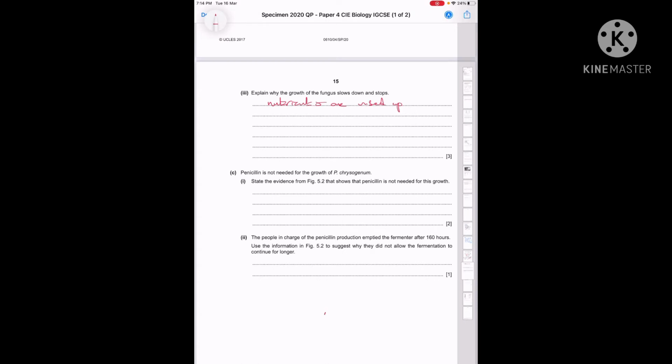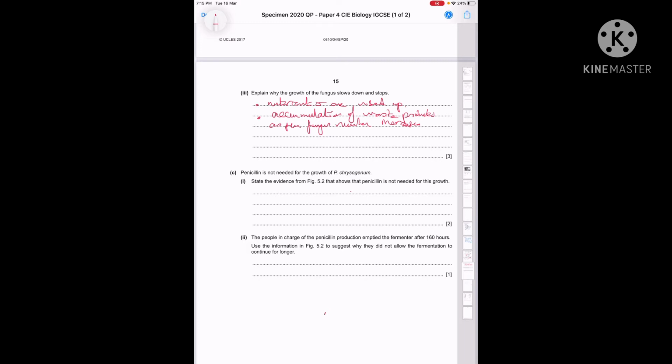Okay. There's also an increase in waste products. So I would say also accumulation of waste products as the fungus number increases, okay? And as well, you have the accumulation of penicillin, right?